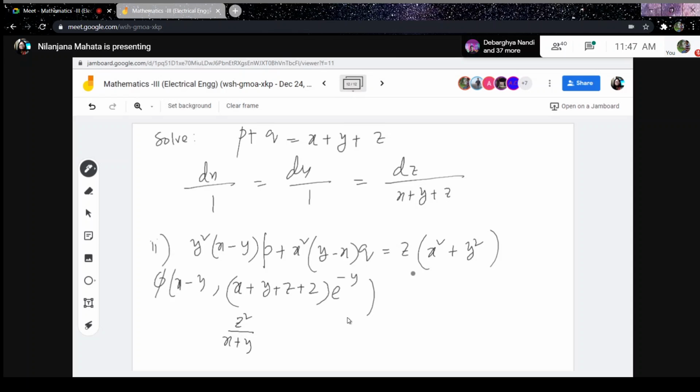You have to take this one and x plus y. So how did you integrate? I have to check, otherwise I cannot tell. This is common for all of you, I hope. And any other options for the second solution?